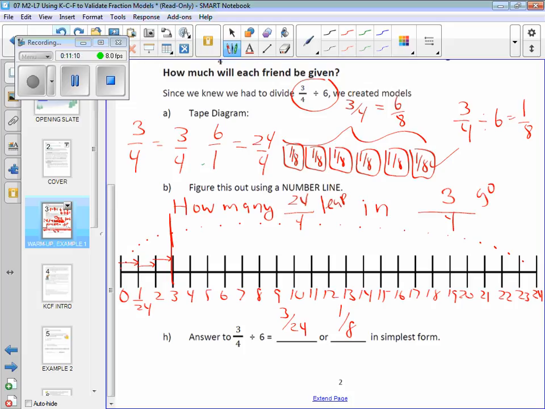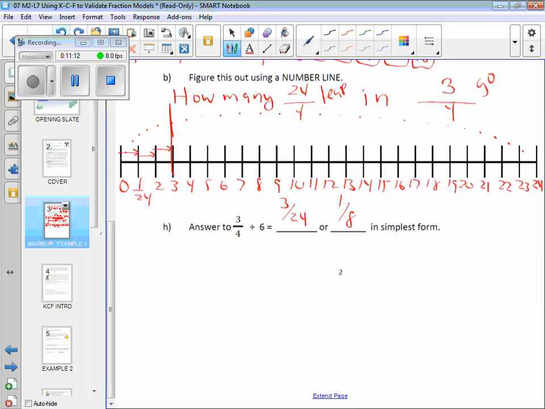Here's how it works. Here is that original division problem, right? What is the 6 as an improper fraction? 6/1. What we did, everybody repeat after me.